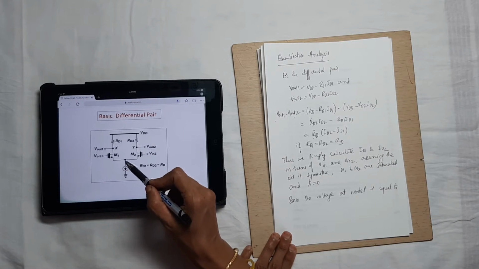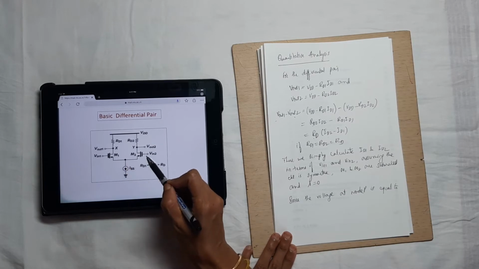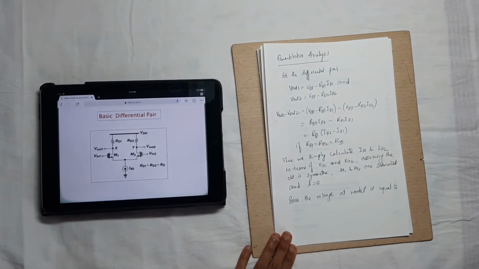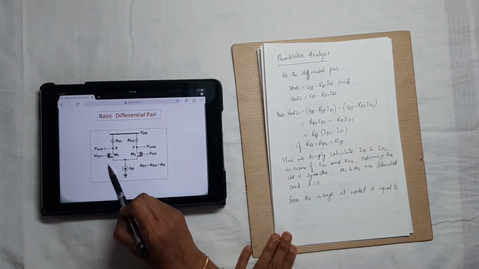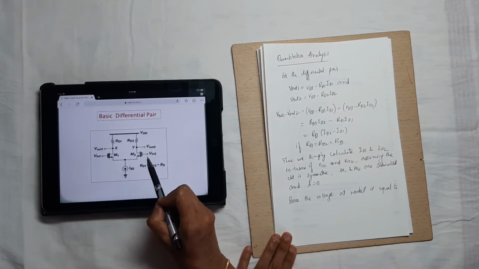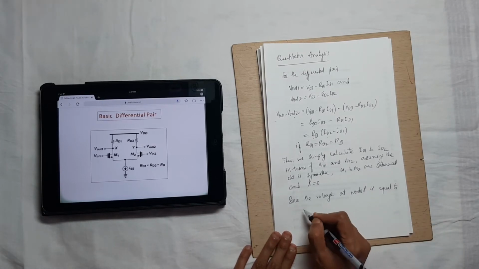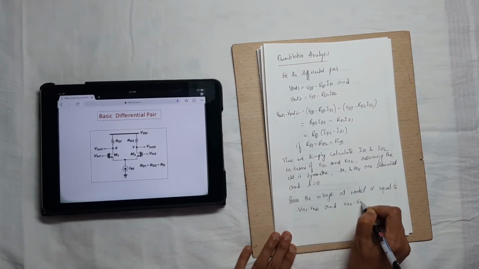So the voltage at this particular point P is V in 1 minus VGS1, and if you move from this side it is V in 2 minus VGS2. This side it is V in 1 minus VGS1. This side it is V in 2 minus VGS2.